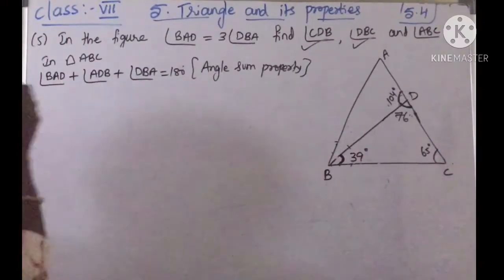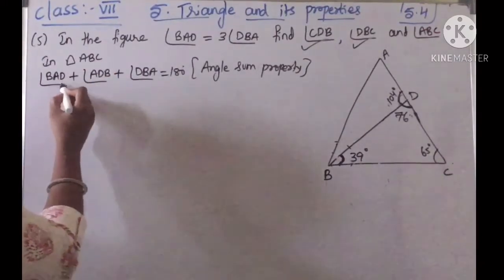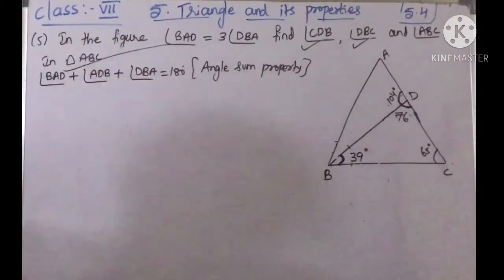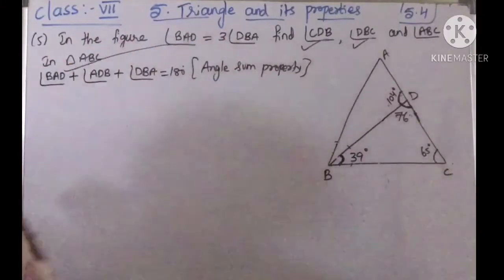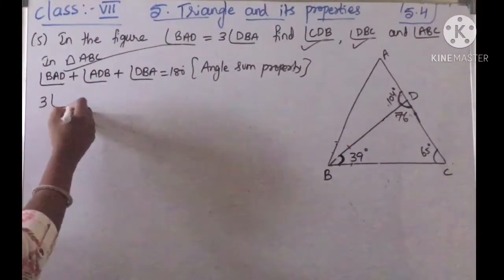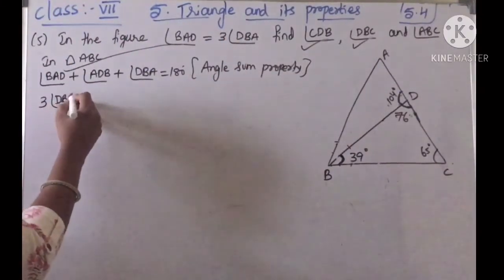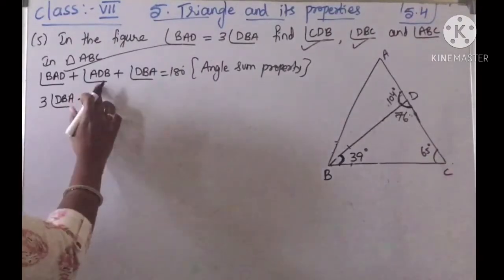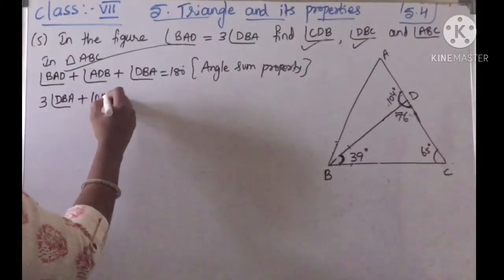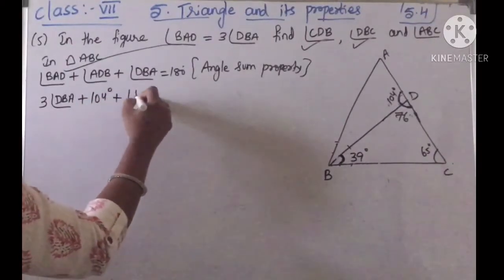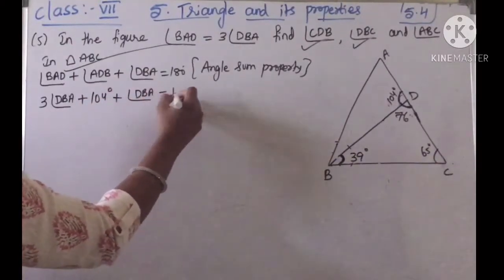Okay children. And from the question, what is BAD given here? In place of BAD, we should write 3 into angle DBA. 3 into angle DBA plus, what is ADB here? ADB is given as 104 degrees and DBA we write as it is because we don't know the value.